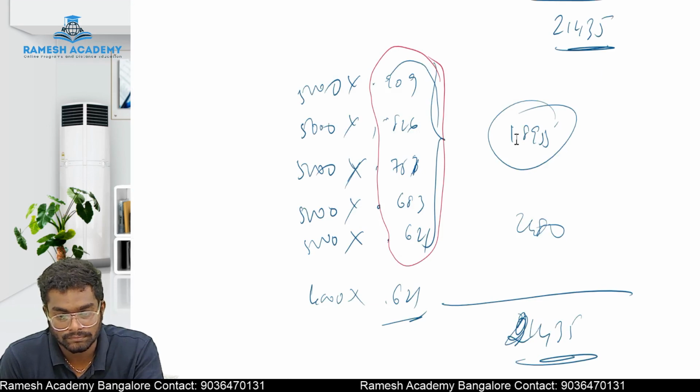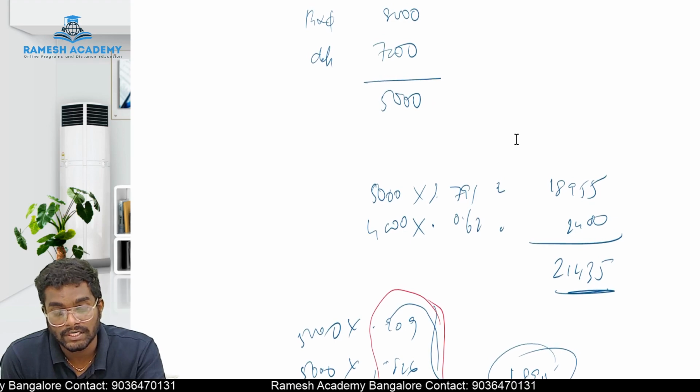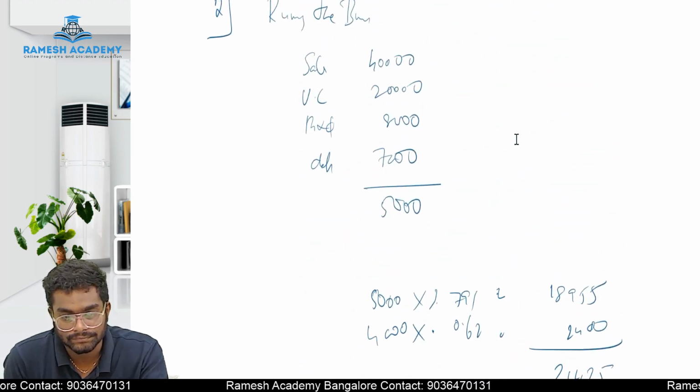Hope you understood. Just copy this. This is the income statement, then the cumulative value, then the comparison.